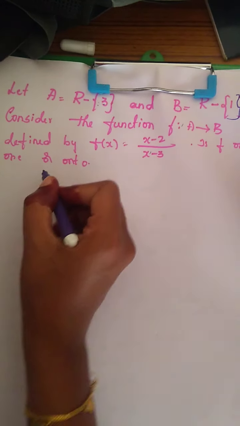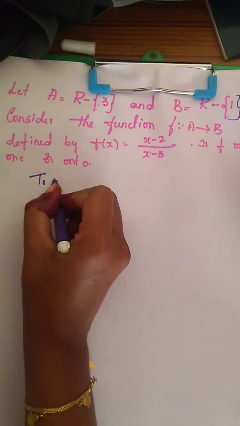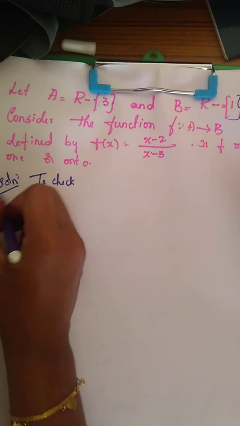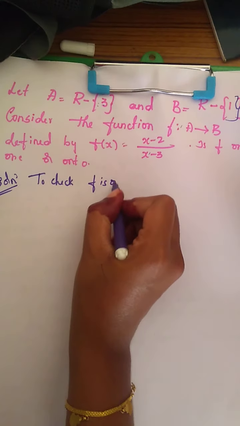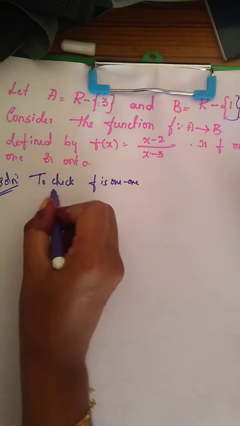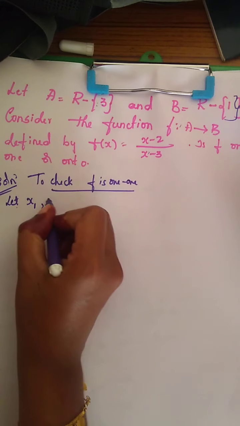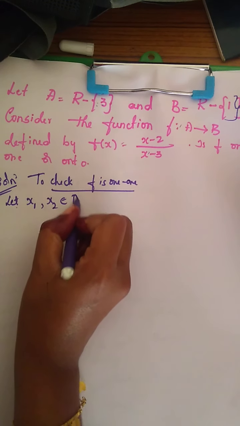To check whether f is one-one, you have to take two elements from the domain. Let x1 and x2 belong to the domain.